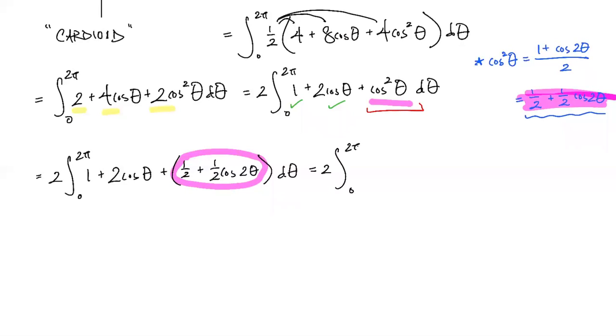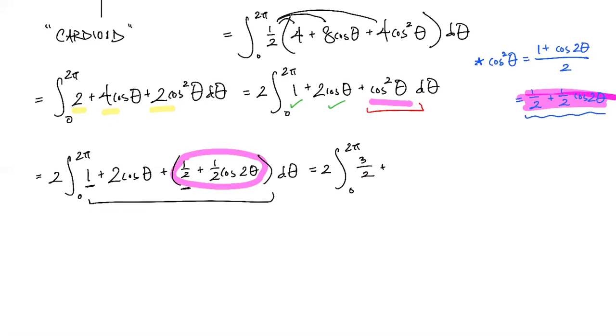So before we integrate, before we do the calculus, let's do one more thing, which is combine any like terms that we have in the whole thing. So I notice that there is a 1 and a 1/2. So 1 plus 1/2 is 3/2.